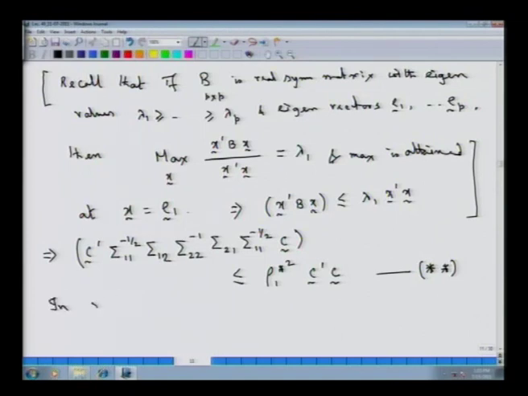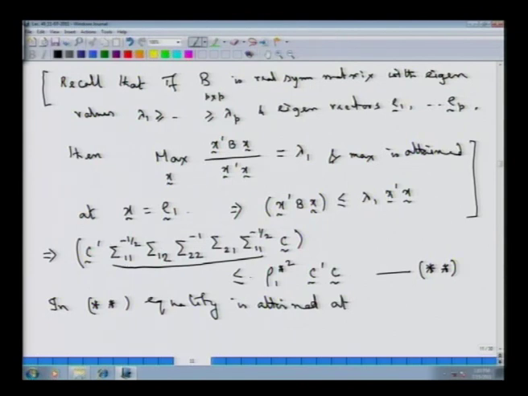In the above equation number double star, where will the equality be attained? We are looking at rho 1 star square as the largest eigenvalue of this particular matrix.